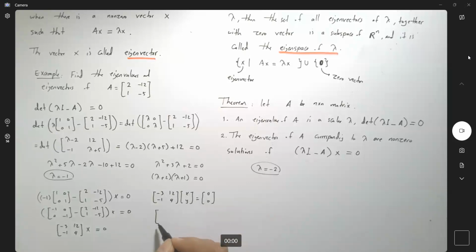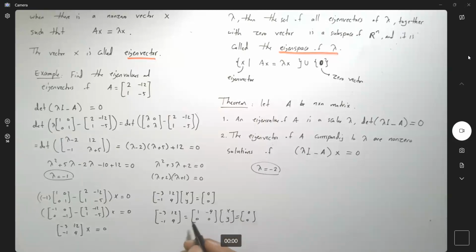So reducing this as well makes it more suitable for us. You have -3, 12, -1, and 4, which is basically the same as, if I divide by 3, you get 1 and here you have -4, and this becomes 0, and this becomes also 0. Times x and y equal to 0, 0.